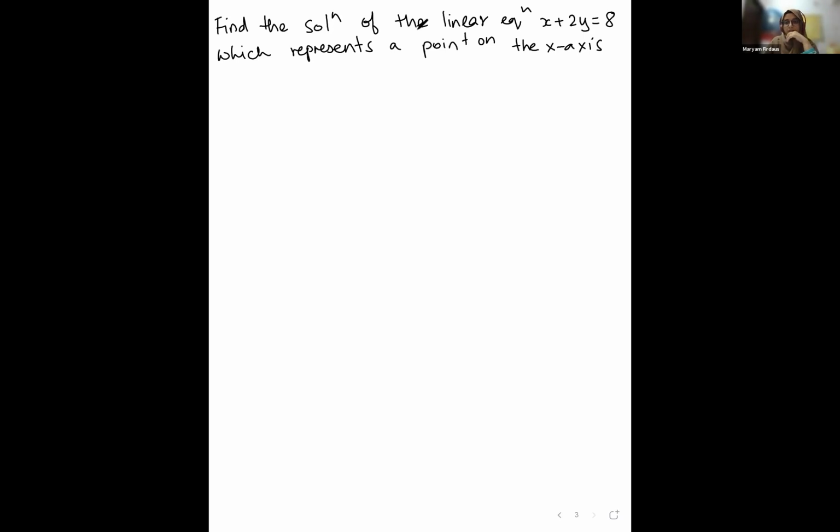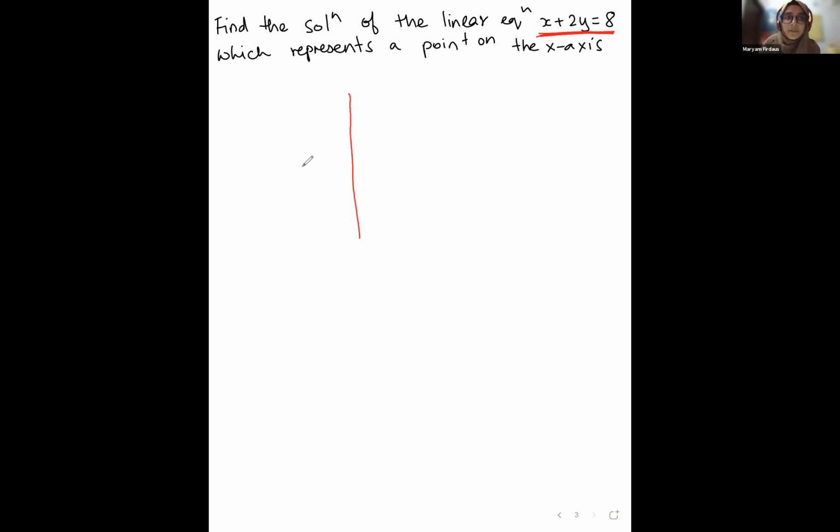Try to explain it in a different way. Ma'am, the value of x. Right, right. So see, how many solutions does this equation have? Can someone tell me? Ma'am, infinite. Yes, infinitely many solutions. But right now, they want the solution which represents a point on the x-axis.